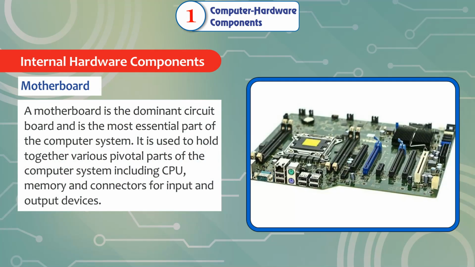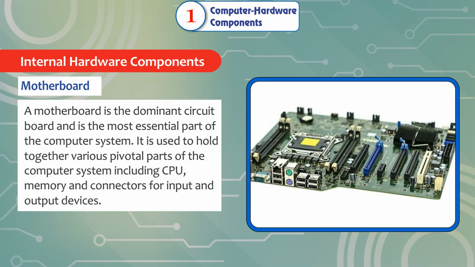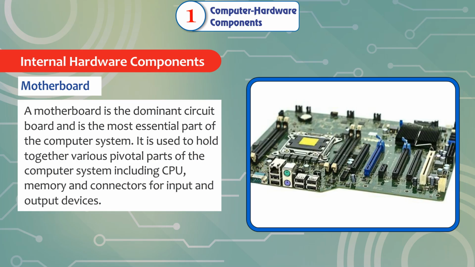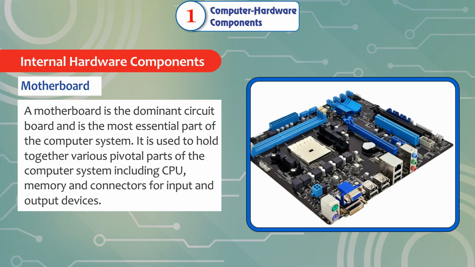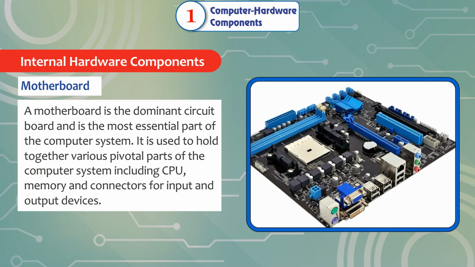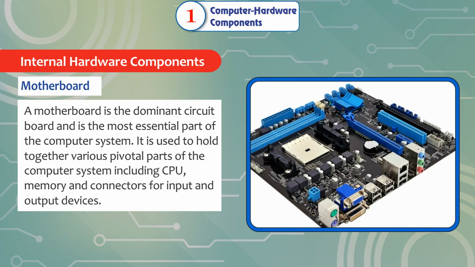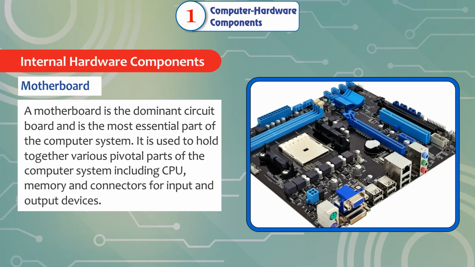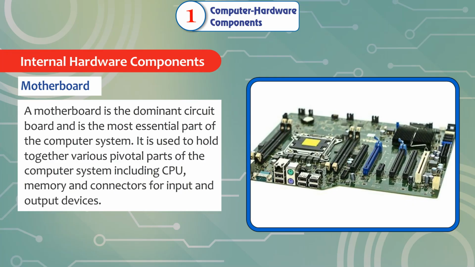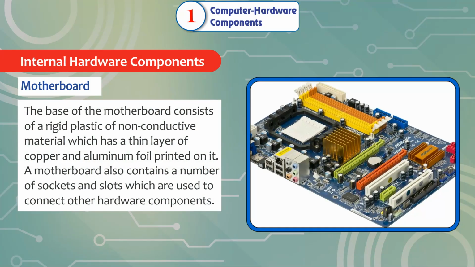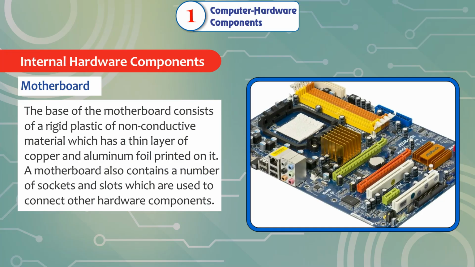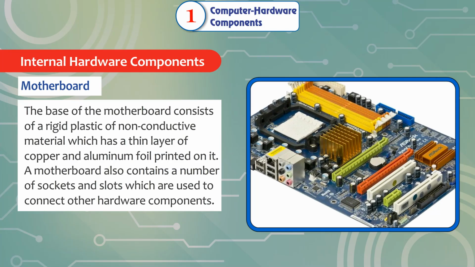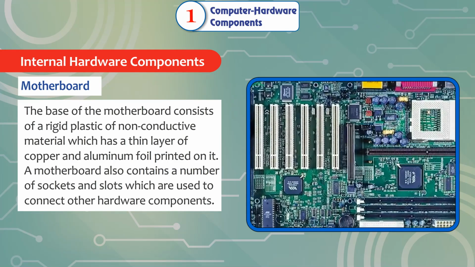Motherboard. A motherboard is the dominant circuit board and is the most essential part of the computer system. It is used to hold together various pivotal parts of the computer system, including CPU, memory, and connectors for input and output devices. The base of the motherboard consists of a rigid plastic of non-conductive material which has a thin layer of copper and aluminum foil printed on it.